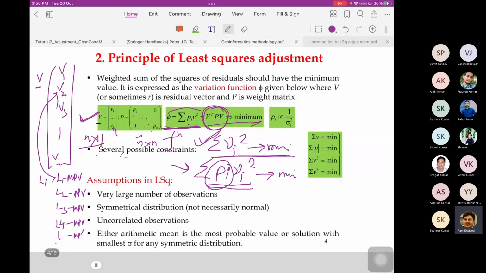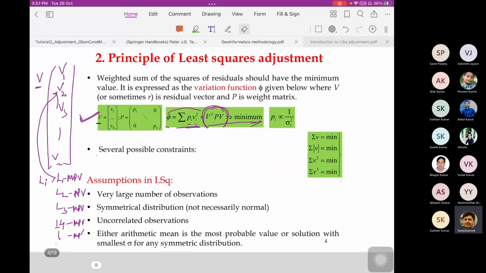That is one point I wanted to discuss right now. Just tell me why it is VTPV and why not VPV transpose. We have written V transpose P V, but why can it not be VPV transpose? Any answers for that?